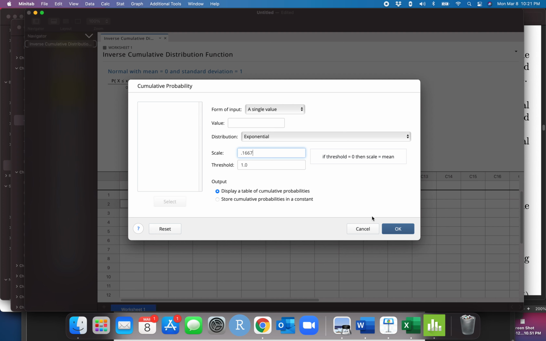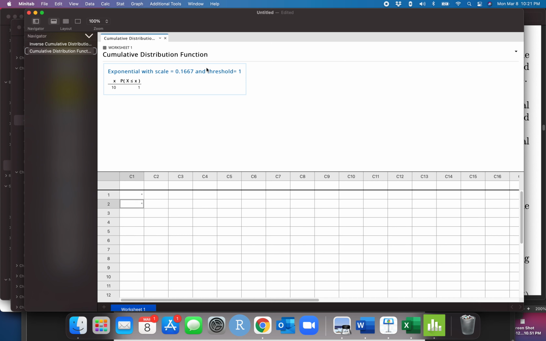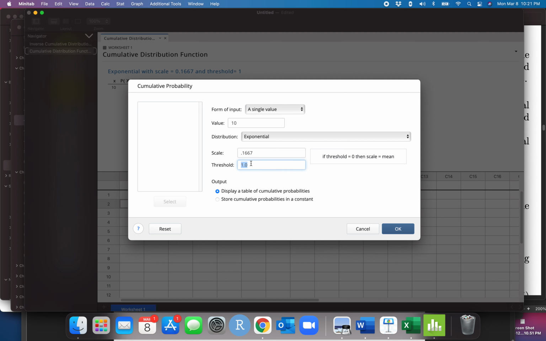I didn't look at this as much as I should have before I started making this video, and so we're sort of flying by the seat of our pants here. Okay, I'm not exactly sure what this threshold is, so what we're going to do is go cumulative probability with a threshold of 0. Okay, so if threshold is 0, then the scale is equal to the mean, not 1 over. So we're going to say scale is 6, and then input 10 here.